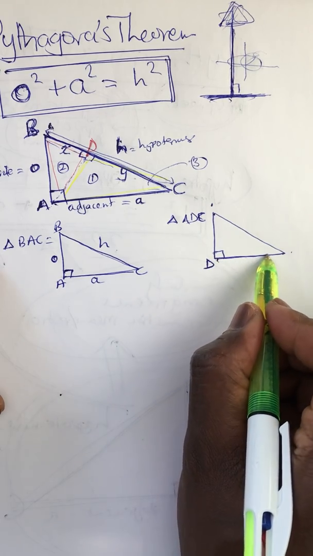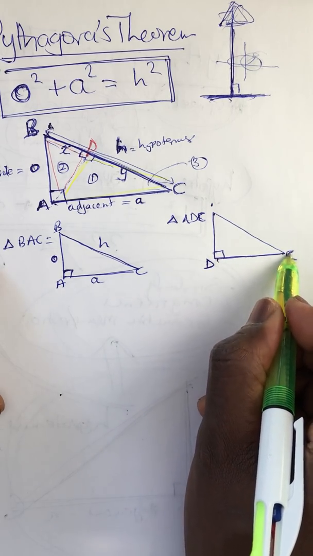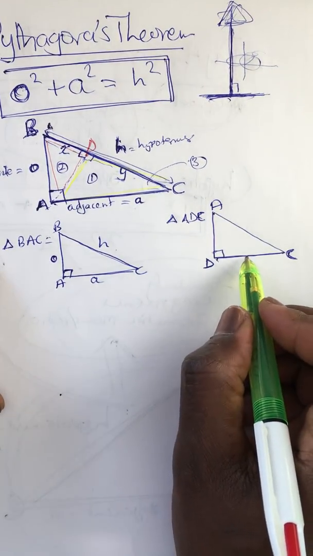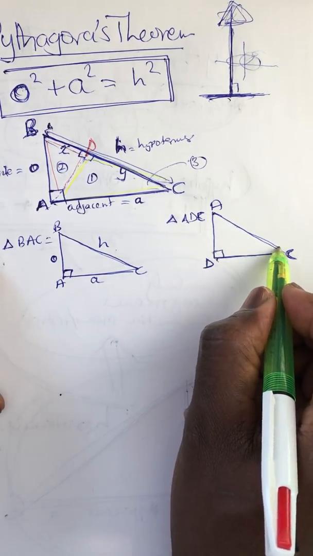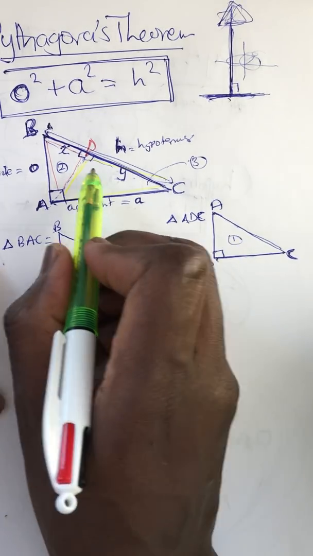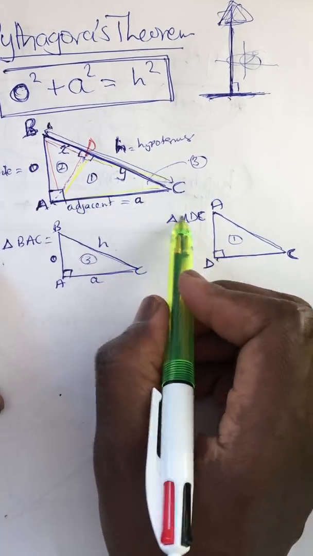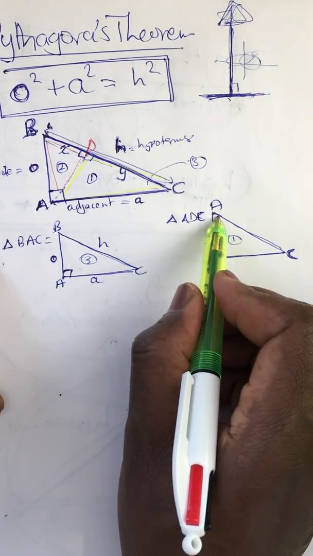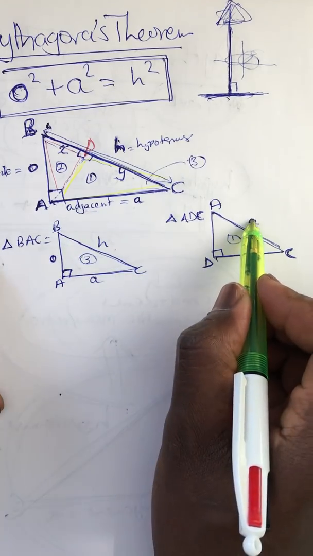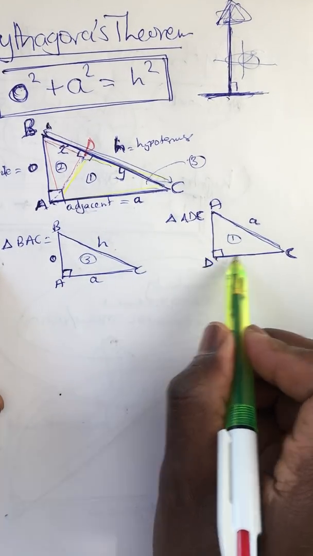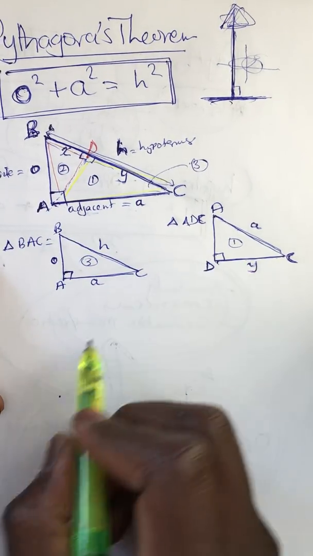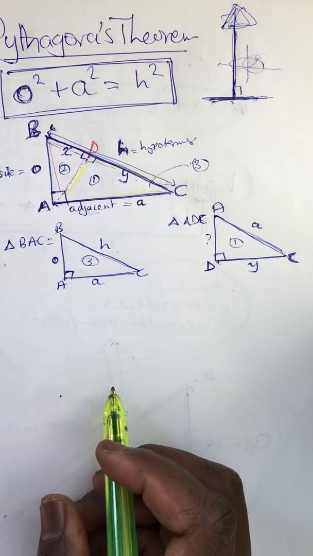The longest side of our small triangle, this is triangle 3 obviously and this is triangle 1, will become AC, which was initially the adjacent, but here is going to be our hypotenuse, and DC is our y, obviously. We don't have any AD there.